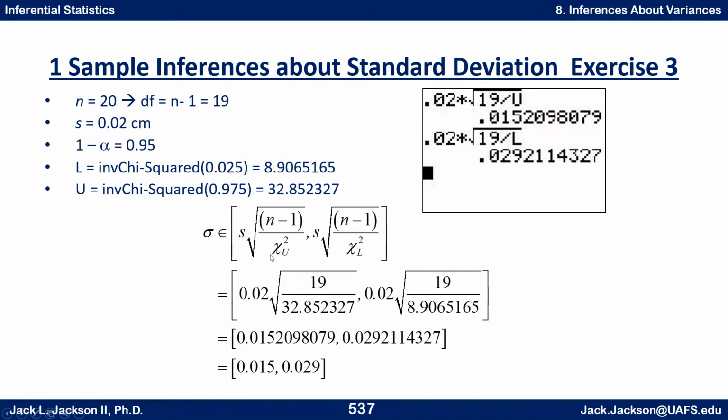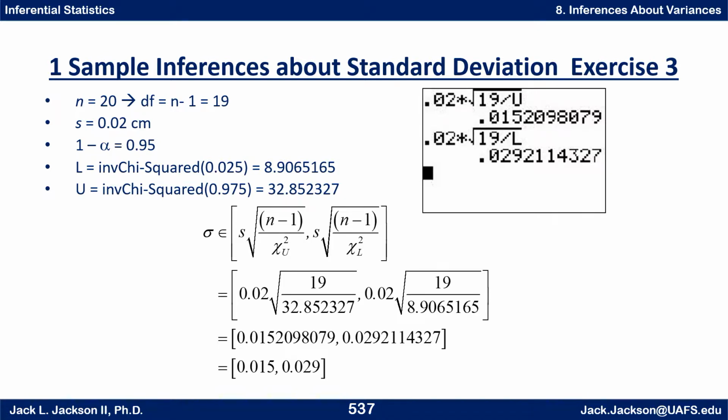This chi-square is just referring to the x value from this distribution. So anyway, it's this number we stored as U, and so we do it just like this: 0.02 times the square root of 19 divided by U. Some of you may have to put parentheses around the 19 divided by U. Okay, and this gives us the 0.15 something.